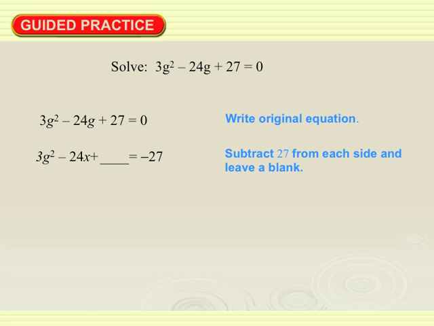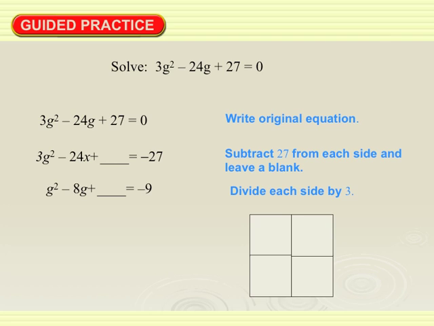Now, I notice that I have a leading coefficient of 3. The coefficient in front of the g squared term is 3, and I need that coefficient to be a 1. So I'm going to divide everything on both sides of the equation by 3. When I do that, I get g squared minus 8g plus whatever I need to put in the blank equals negative 9.